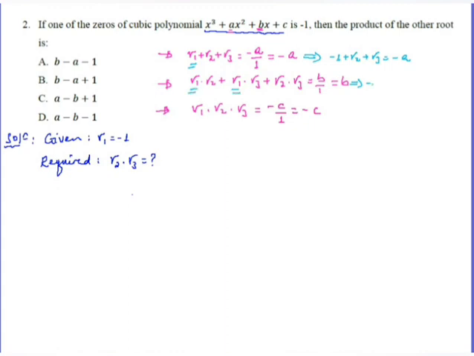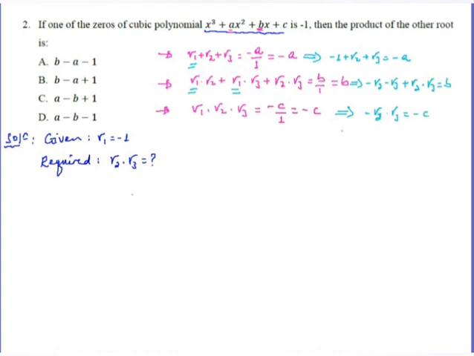Okay, so we can make negative of r2 minus negative of r3 plus r1, r2 times r3, which is b. ይሄንን እንይዛለን. And from the third, the negative of r1 times the negative of r2 times r3 is negative c.